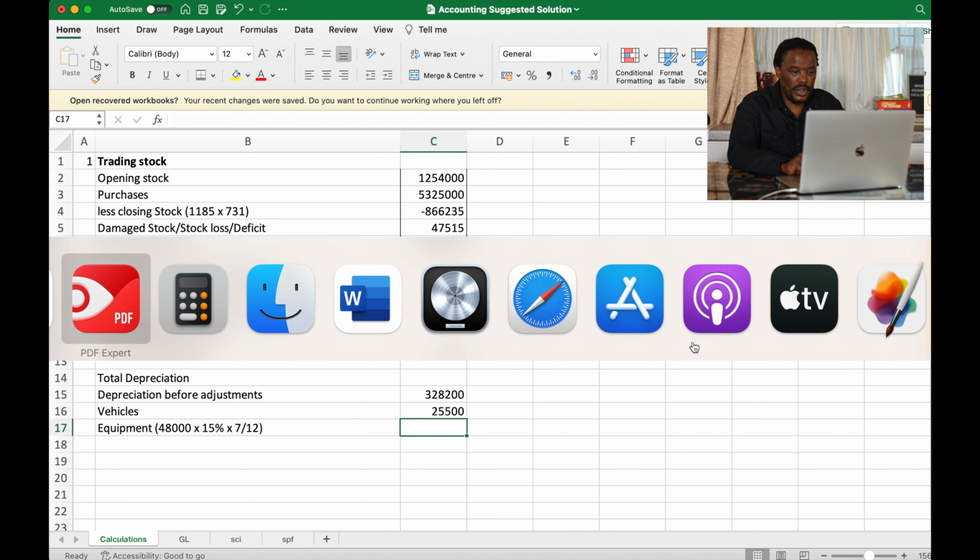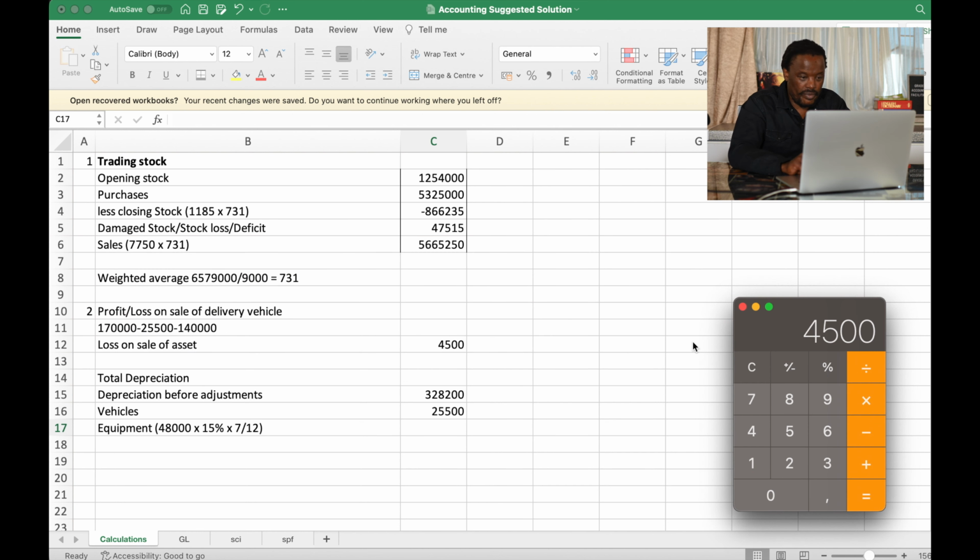And then what is the value there? 48,000 multiplied by 15% multiplied by 7 divided by 12, which is 4,200.